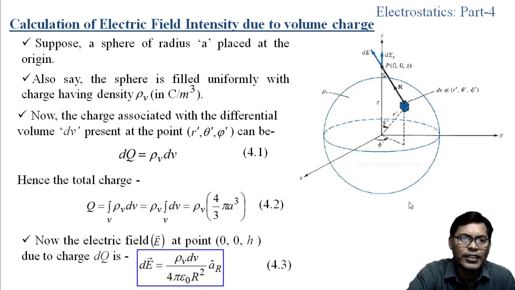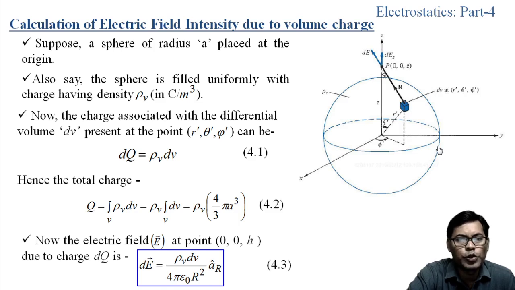For that, we have considered a sphere which has a radius a, and the center of the sphere is the same as the origin of the Cartesian coordinate system. This sphere is filled uniformly with charge of density rho v in coulomb per meter cube.